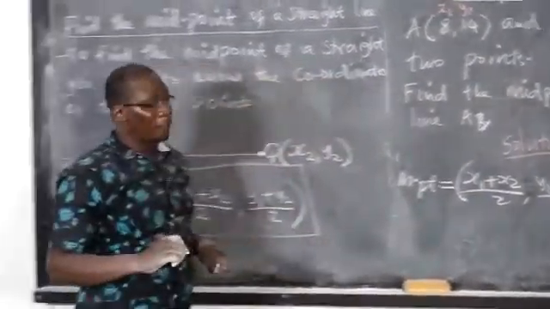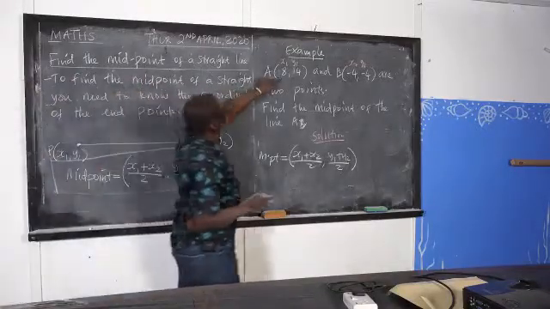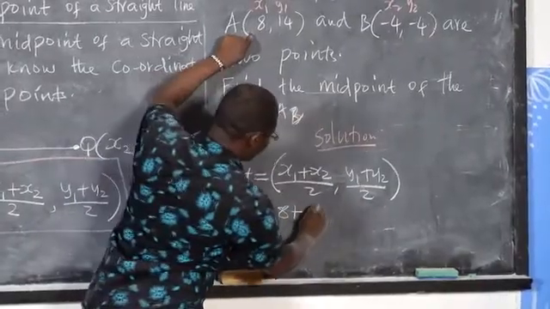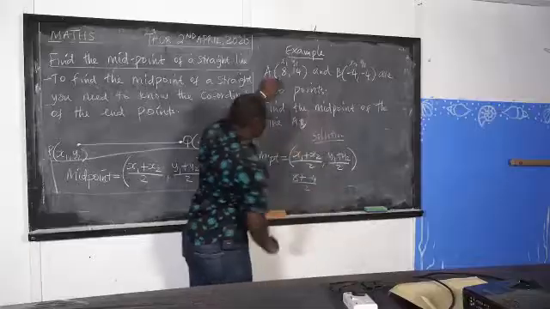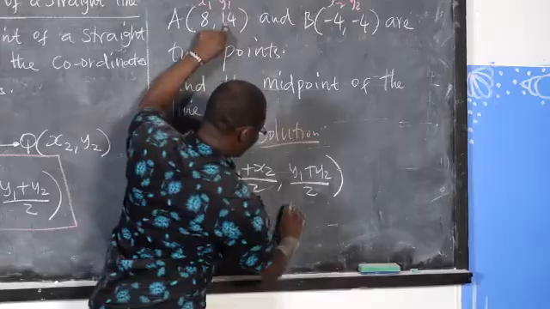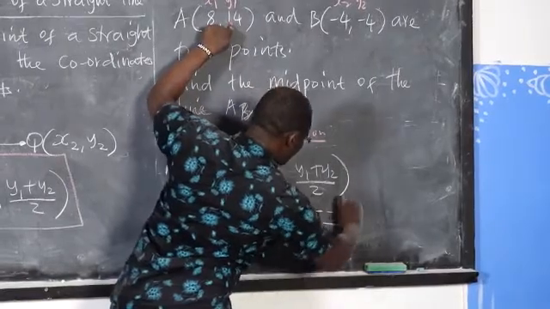So once you have the formula, you simply now substitute the values. x subscript 1 is 8 plus -4 divided by 2. Remember, we are getting the average, comma, 14 plus -4 over 2, close the brackets.